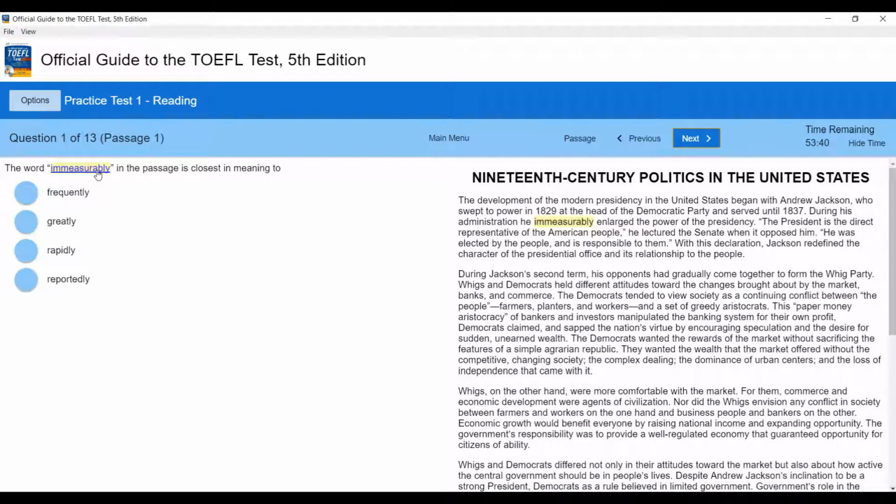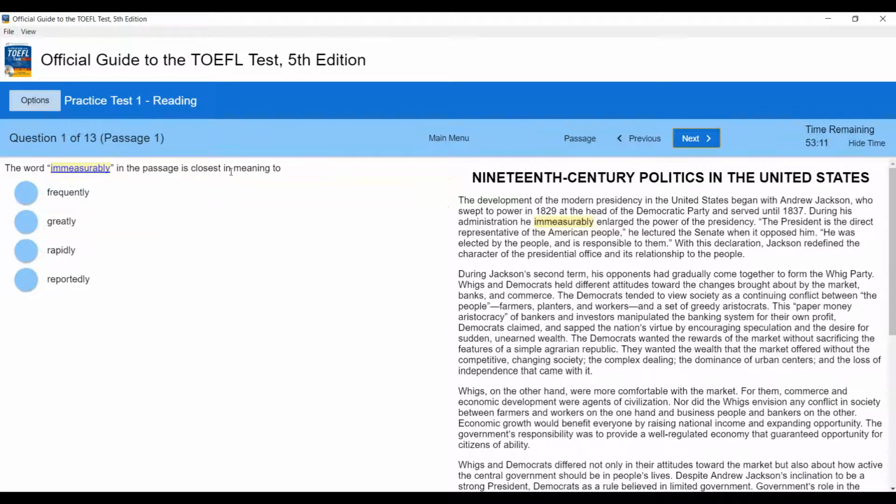And able, if it were A-B-L-E, would mean that it is possible to do this action. And when we change this to ly, that becomes an adverb. So this is describing an action that cannot be measured, just by picking this apart.